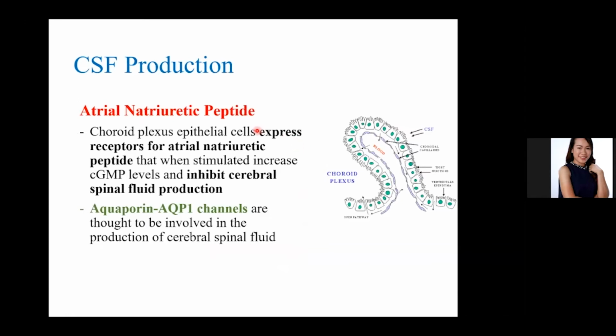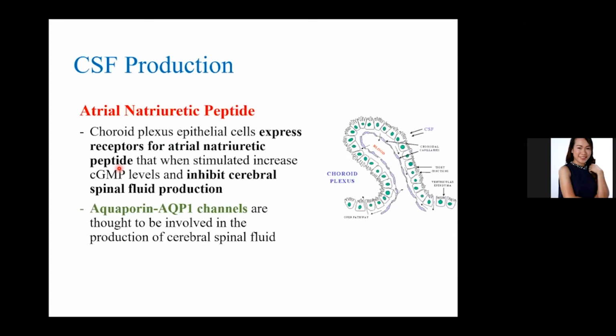So, atrial natriuretic peptide. Class, in our choroid plexus, we have receptors for your atrial natriuretic peptide. As I mentioned earlier, the choroid plexus has receptors for ANP.